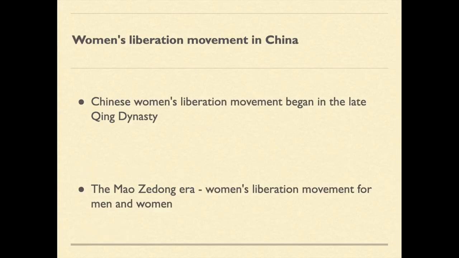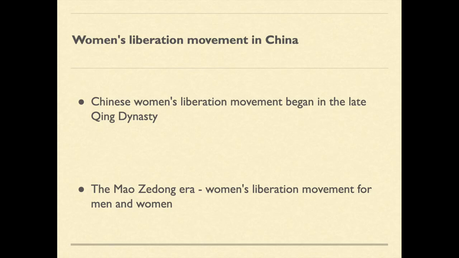When we turn to China, first, the Chinese women's liberation movement began in the late Qing dynasty. In the current research literature, researchers generally believe that China's feminist movement began in the late 19th and early 20th centuries with Liang Qichao, Jin Tianyi, and other male intellectuals agreeing on gender equality, freedom of marriage, and women's right to education.